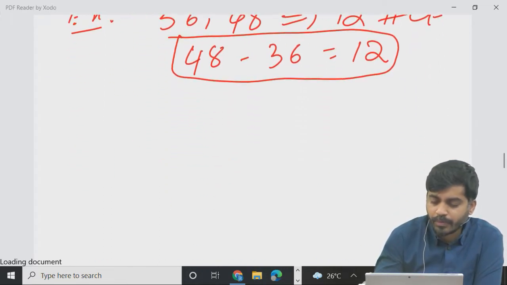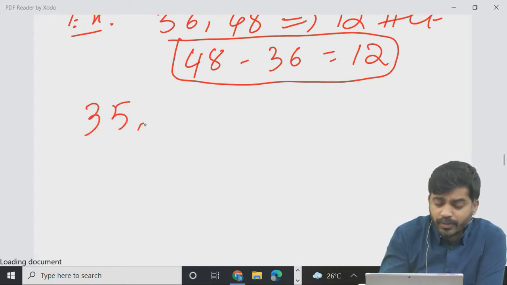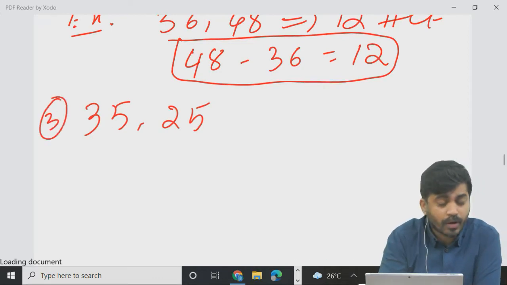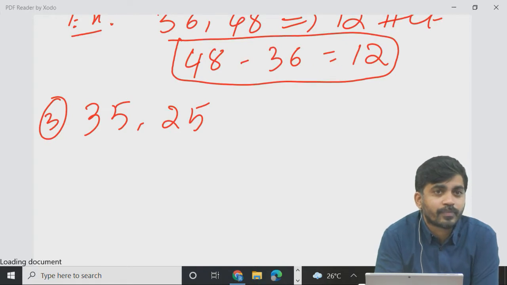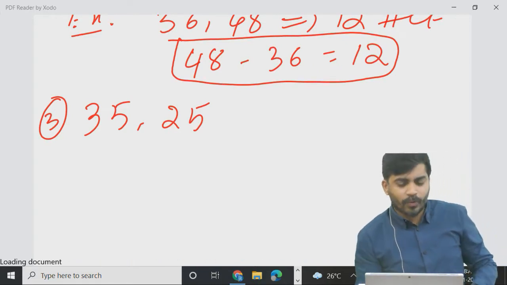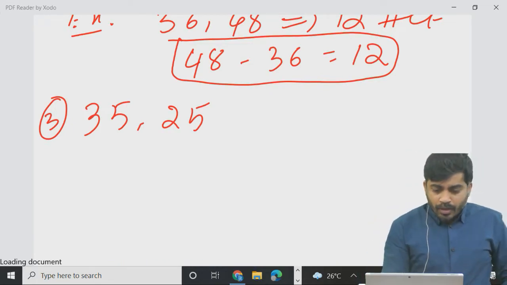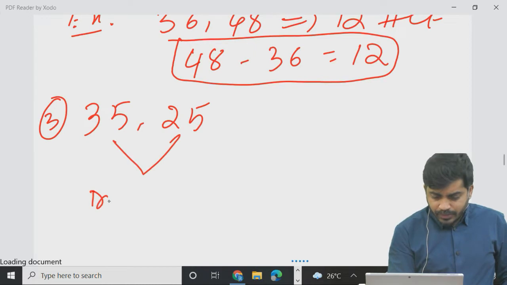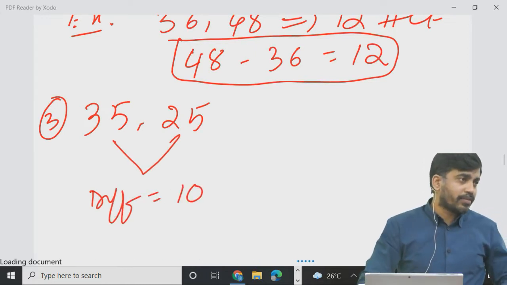Third example, say 35 and 25. What is the HCF? Highest common factor, 9? No, 9 will not divide 35 and 25. Here the difference is 35 minus 25, which is 10.